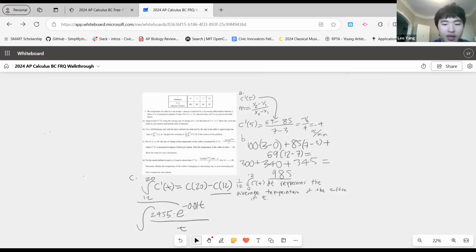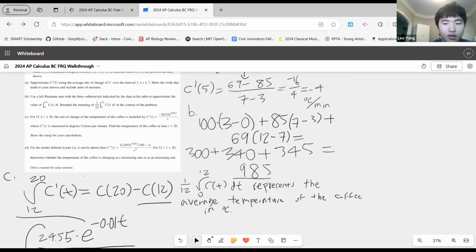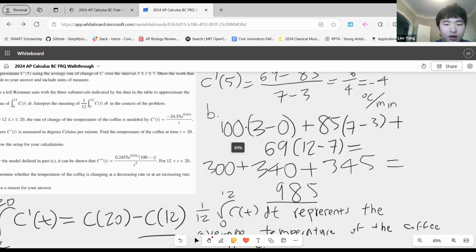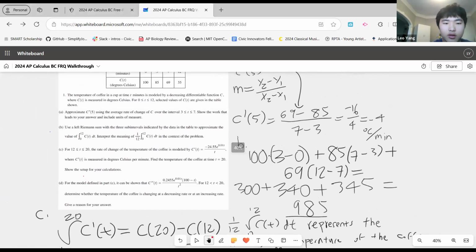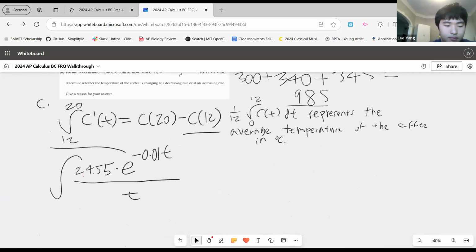I'm not sure what is going on right now with the setup, but hopefully we can get this to work. Anyways, let's make this a plus and make this a negative.